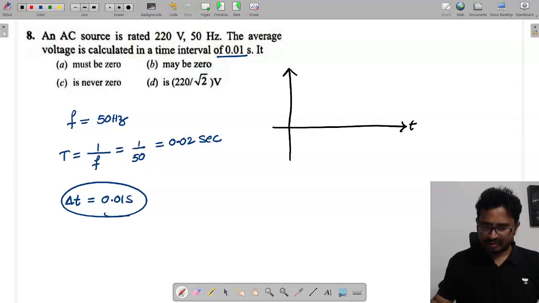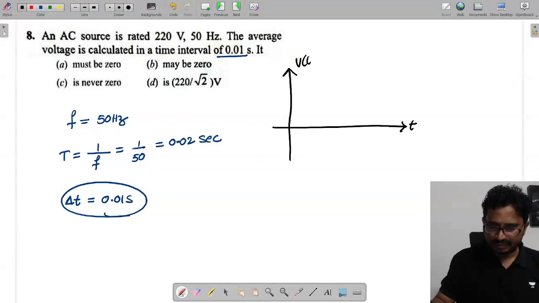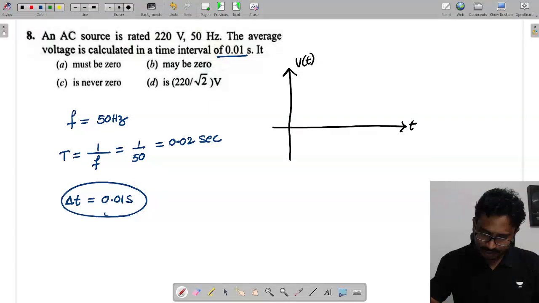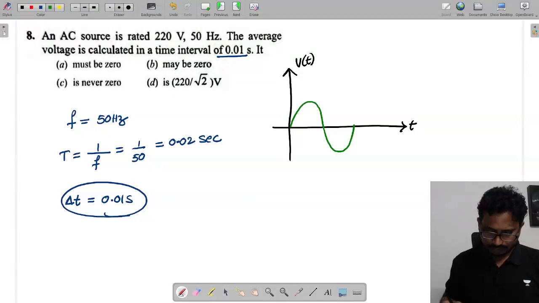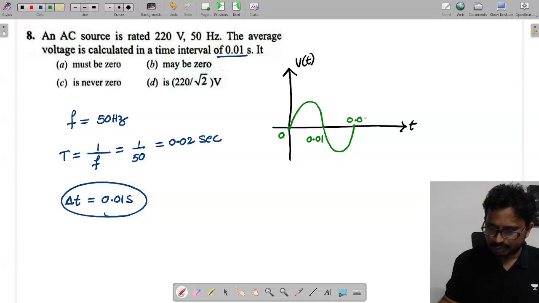Now if we see this voltage expression V of t, from wave to wave, if I call this the sine wave, now I can say this is 0, this is 0.01, and this is 0.02 seconds.